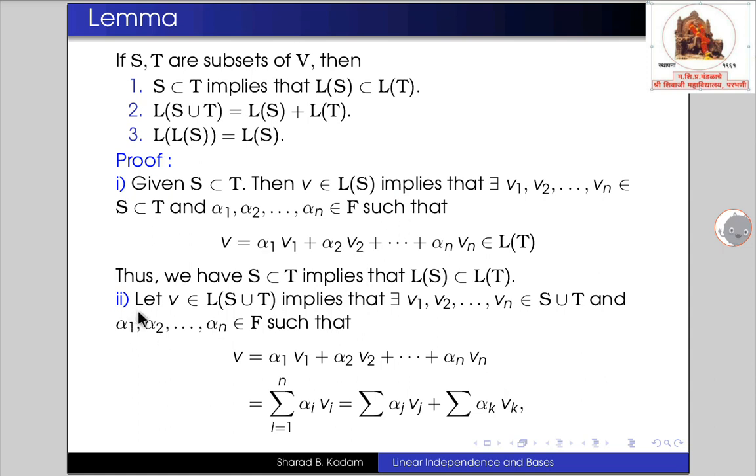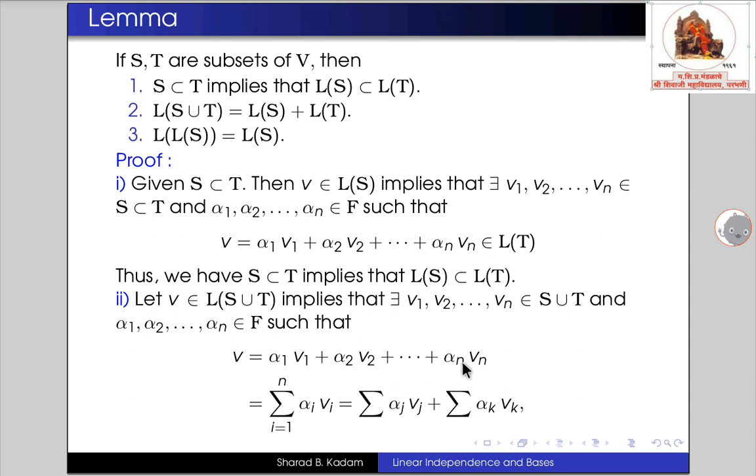For the second condition, we choose V an arbitrary element in the linear span of S union T. Then by the definition of linear span, there exist vectors v1, v2, ..., vn in S union T, and alpha 1, alpha 2, ..., alpha n scalars in field F such that V can be written as a linear combination of v1, v2, ..., vn.